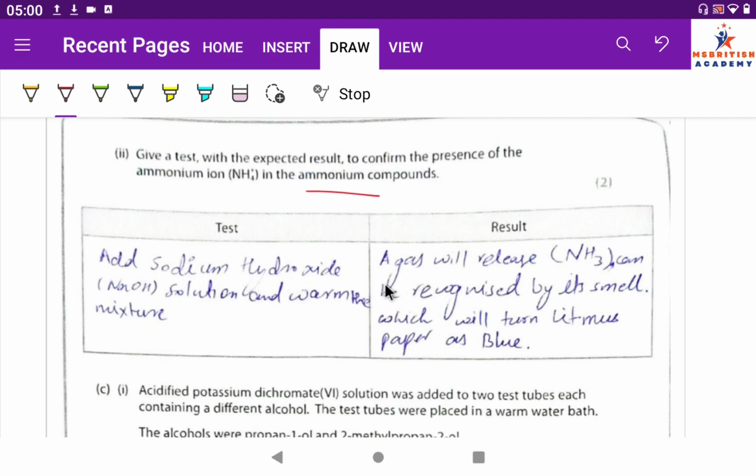Then the result will be a gas will release, that is ammonia NH3, which can be recognized by its smell. Its smell is a pungent smell, which will turn litmus paper blue because ammonia is the only alkaline gas, or it's a basic gas.